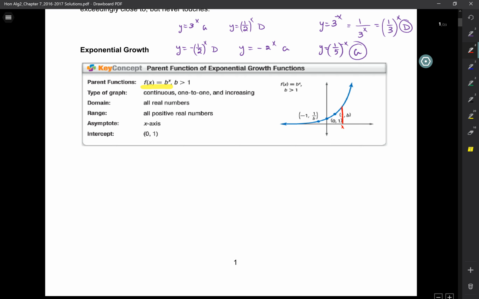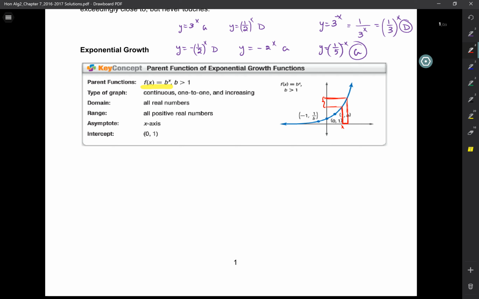Now, if we go over just a little bit in the x, look at how high we went up on the y-axis. We go up a lot more on the y-axis than we would have if this was not an exponential graph. Like, for example, for a linear graph, if I go over 1 unit, I would go over a comparable amount.